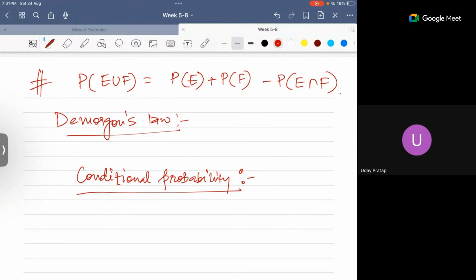In conditional probability, you can be asked for a probability such that one event has affected the other. For example, you're rolling two dice.